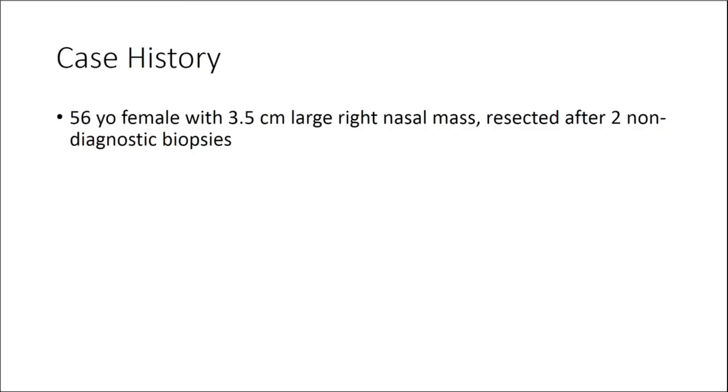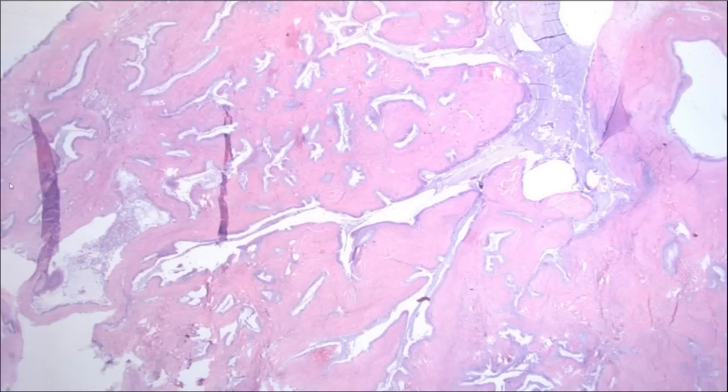So I just want to do one more case, and this was a 56-year-old female with a large mass, and it was resected after they had two negative biopsies. And I think they were negative because of how bland this initially presented. So what we had was this large polypoid mass that the surgeon took out pretty intact.